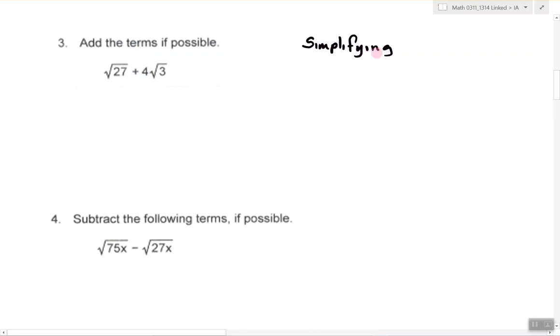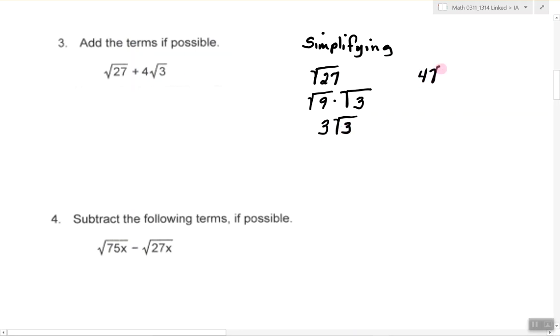I won't always title this, but that's what I'm doing over here to the side. I'm going to take the square root of 27 and just think about it, not think about anything else in the problem. Is there a perfect square factor? Yes, it is the square root of 9 times the square root of 3. The square root of 9 is rational 3 times the square root of 3.